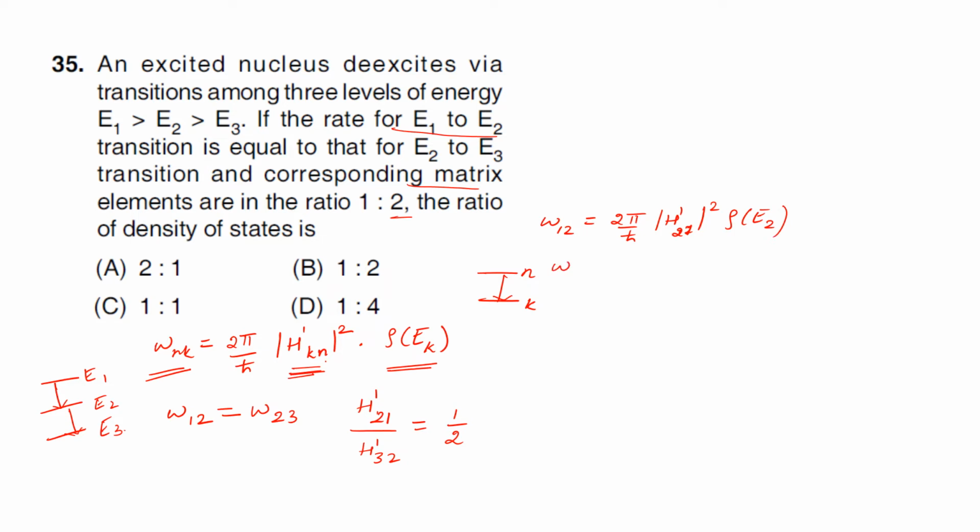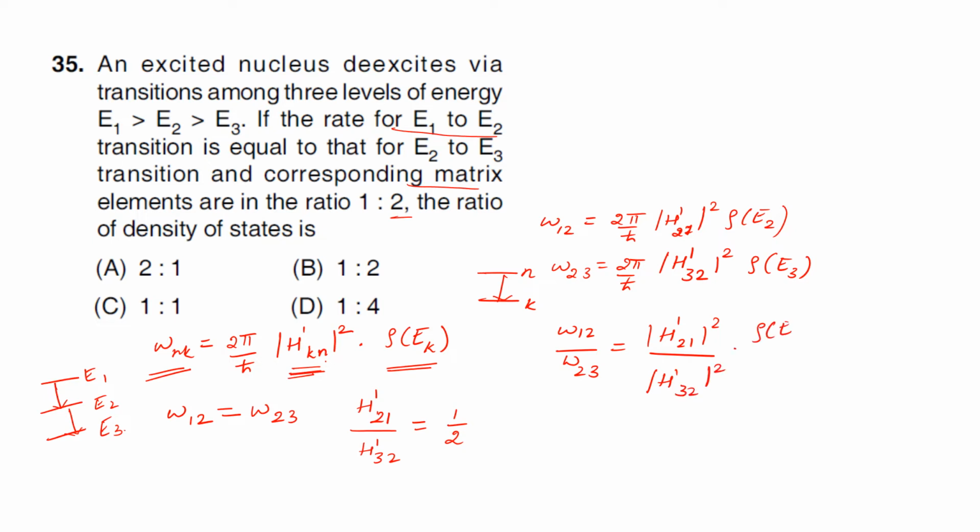Then omega 2 3 is given by 2 pi by h cross, H prime 3 2 whole square, into the density of the E3 state. Then for the omega 1 2 divided by omega 2 3 ratio, the common factors cancel, giving H prime 2 1 whole square divided by H prime 3 2 whole square, into the density of E2 state divided by the density of E3 state.